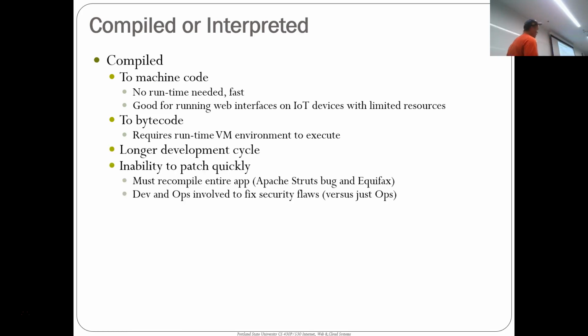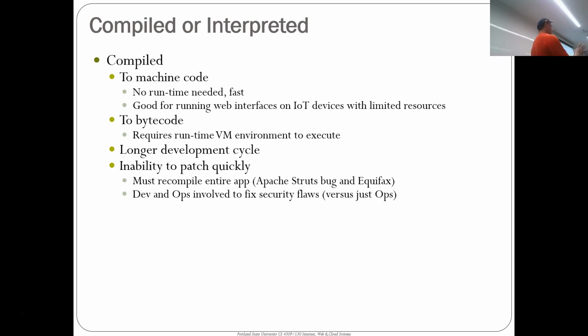The problem with compiled languages is that it's typically going to give you a longer development cycle for turning around changes to applications, because you have to recompile the whole thing. The other issue that has come into play is the inability to patch anything quickly.